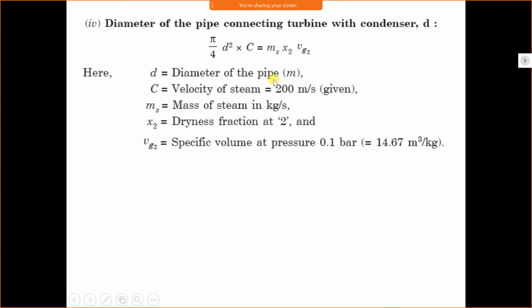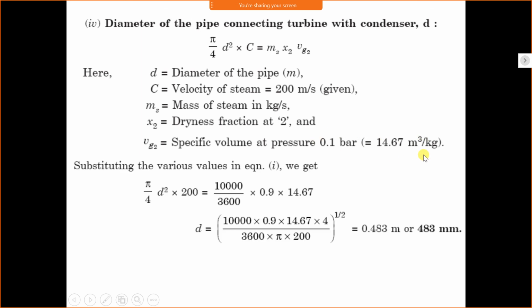D is the diameter of pipe in meter, c is the velocity of steam, that is 200 meter per second, it is given. Ms is the mass of steam in kg per second, x2 is the dryness fraction at 2, then Vg2 is the specific volume at 0.1 bar, that is 14.67 meter cube per kg. This value is taken from the steam table.